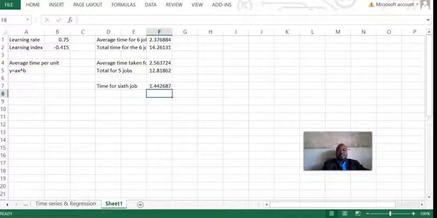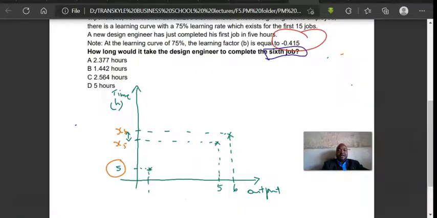That's it, and we come to our answer and determine if we can get that. Yes, the answer is B.